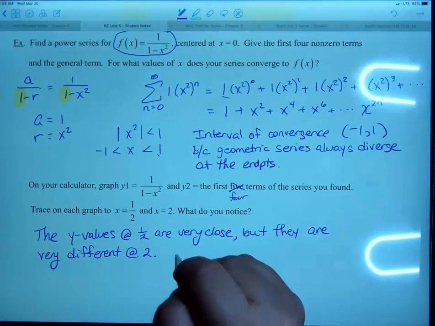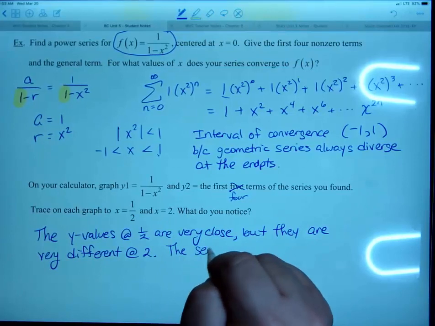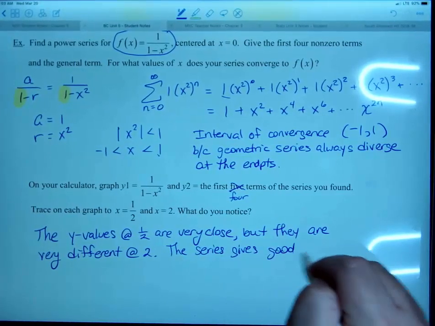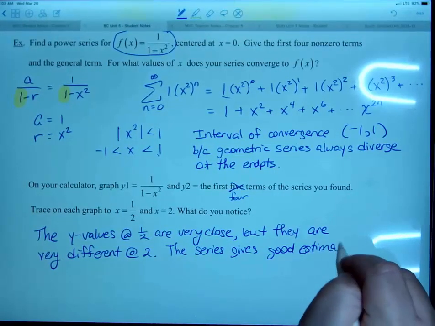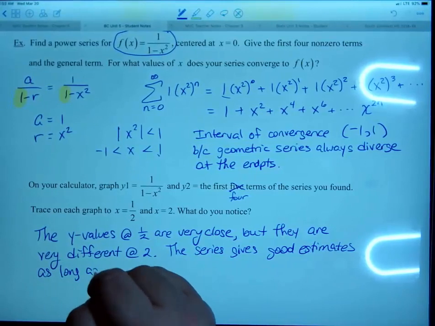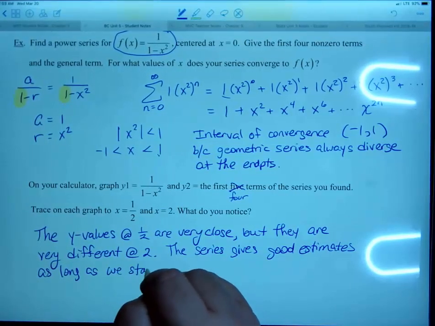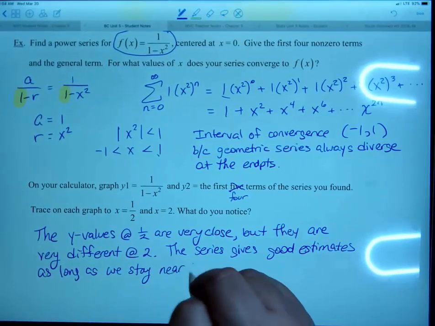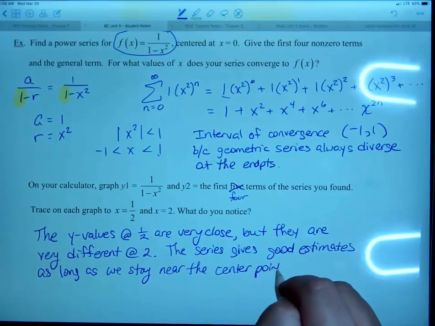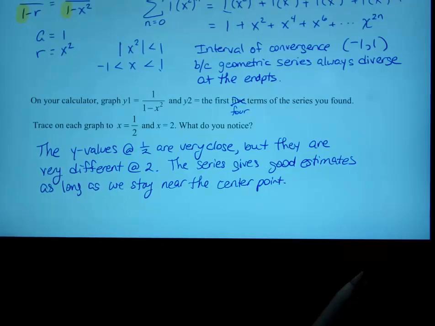The series gives good estimates as long as we stay near the center. The center point. I don't say point because the center could be 5. All right, do y'all have any questions about what we just did? Got to stay near the center point.